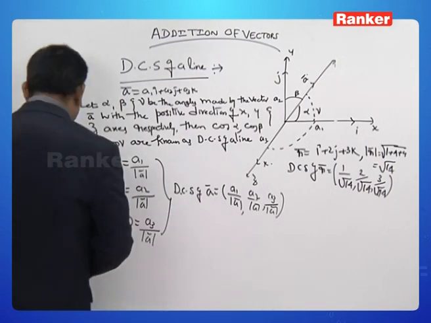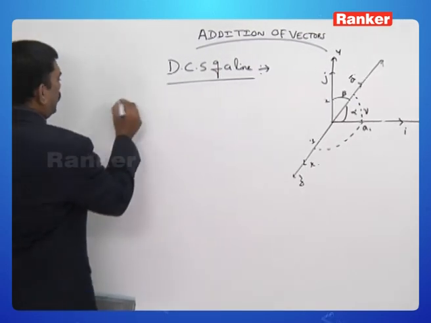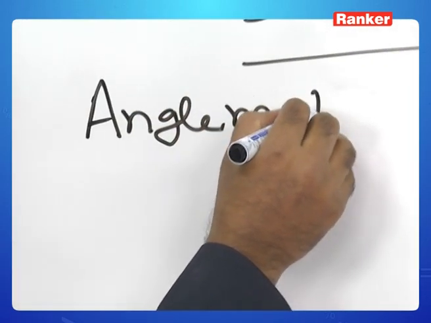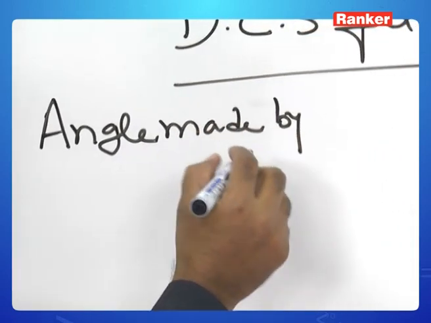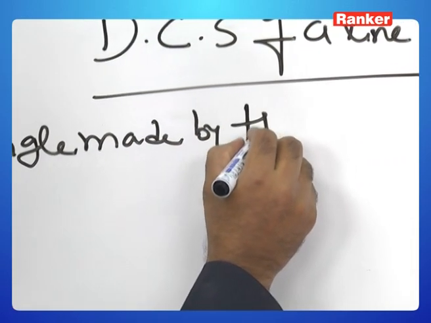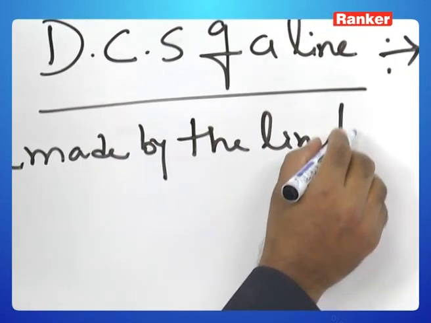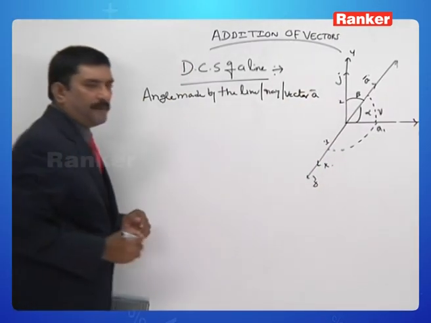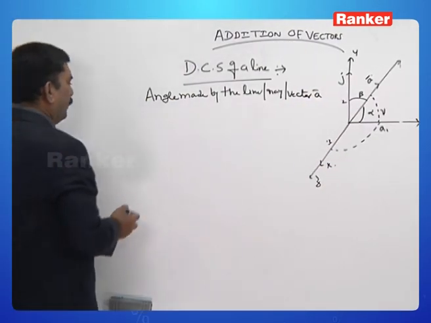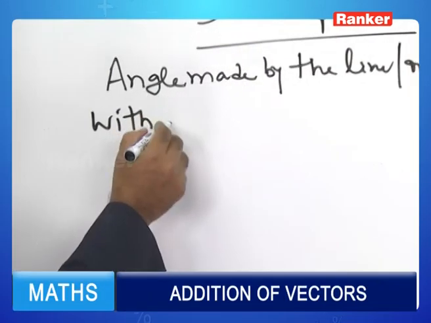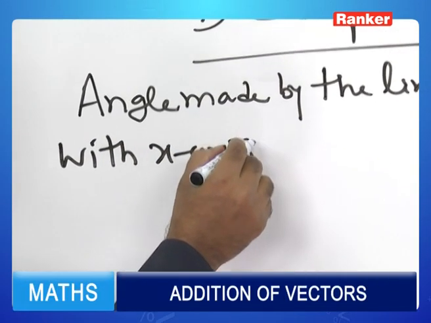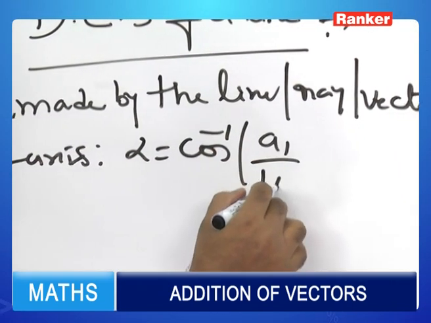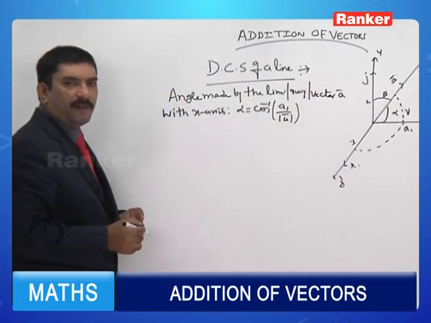When you know the DCs of a line, I want to find the angle made by the line, or a ray, or a vector A bar with the x-axis: alpha is equal to cos inverse of A1 by modulus of A bar.